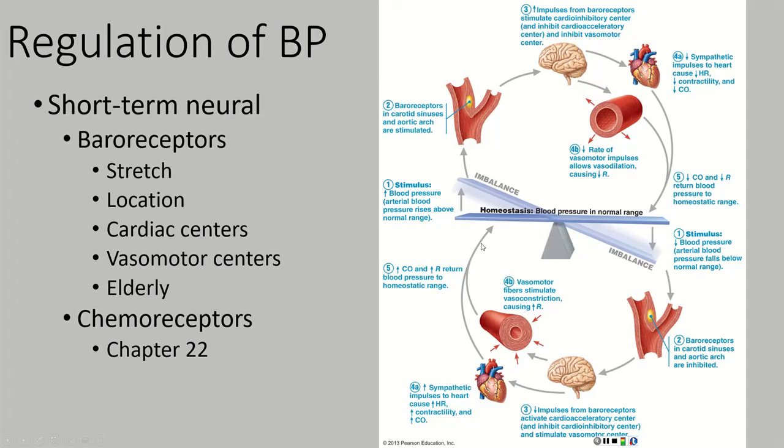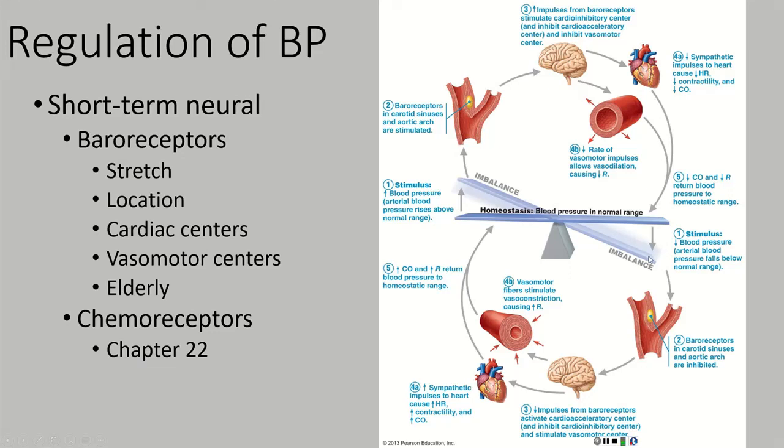But let's see what happens when your blood pressure drops. Let's give an example that almost all of us can picture. Let's say you've been sitting on the couch for a long time, either reclining or sitting, and you're very comfortable, and you've been there for a while. But let's look at what happens when you go from reclining to standing too quickly.